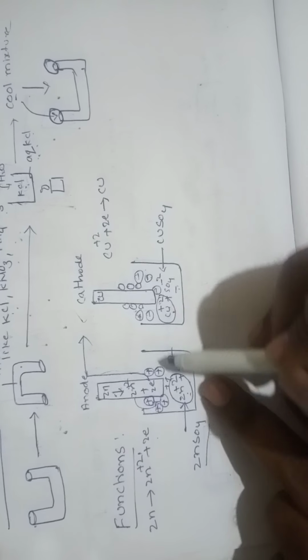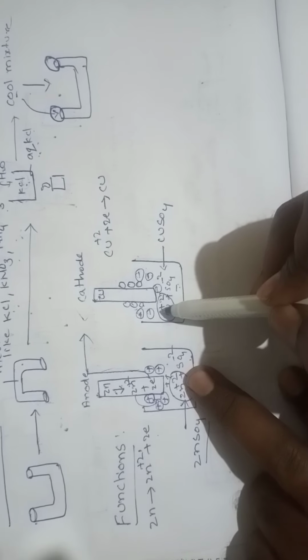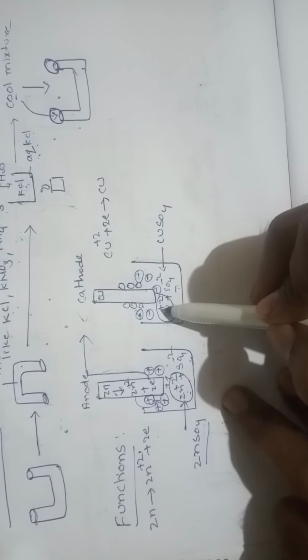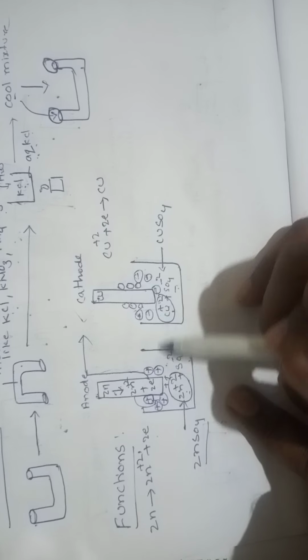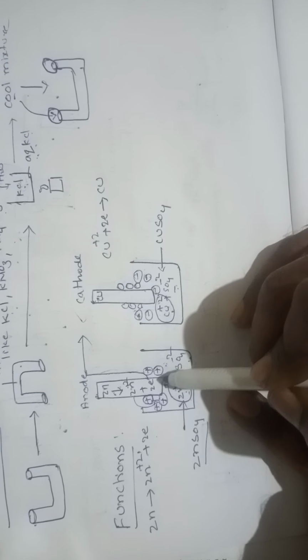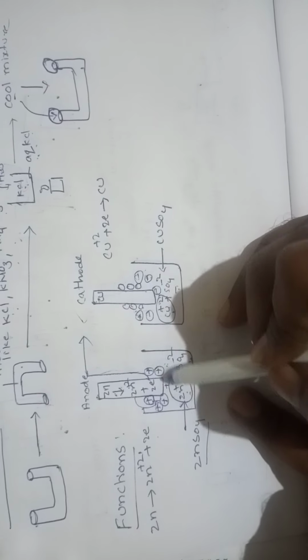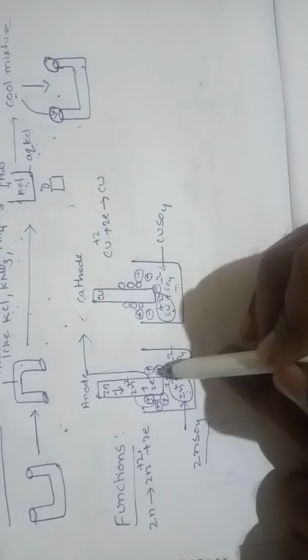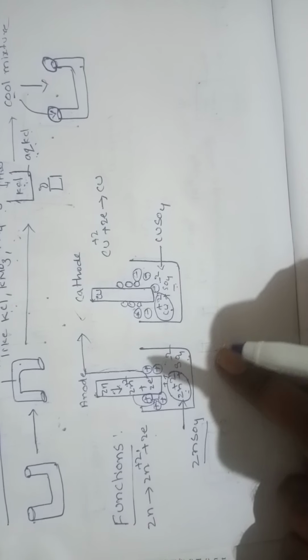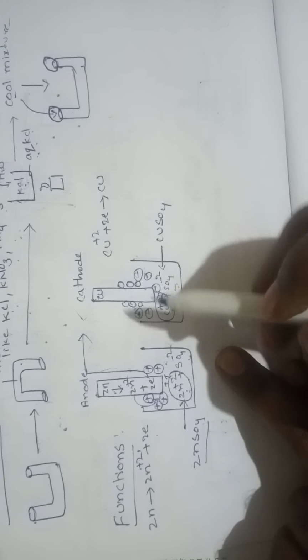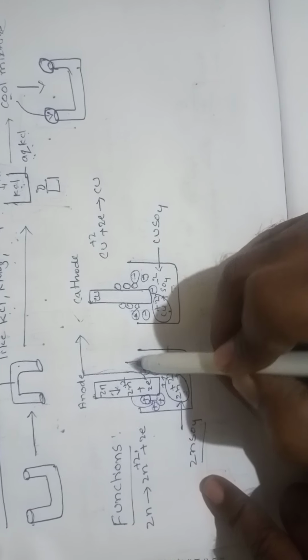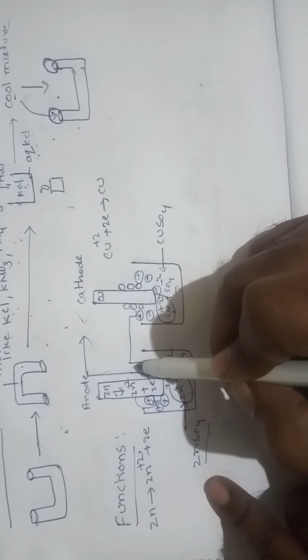So here positive charge increases and here negative charge increases. This difference in positive and negative charges prevents the flow of current, or flow of electrons. The flow of electrons stops. In such cases you have to insert a salt bridge.